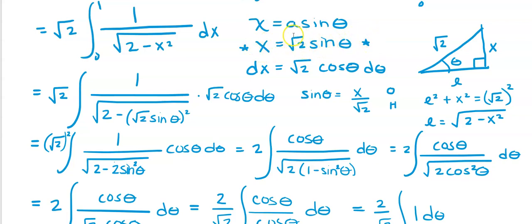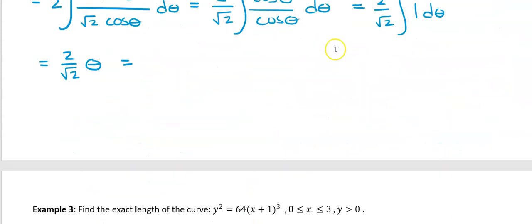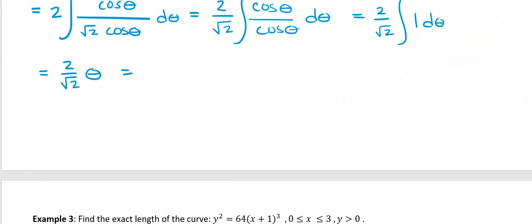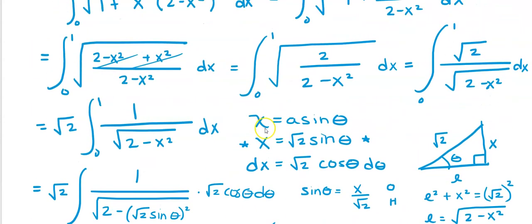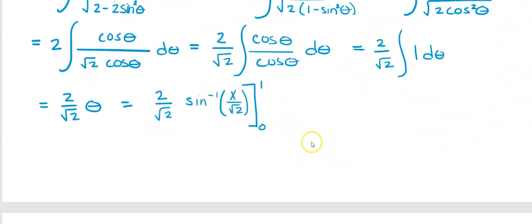So I'm going to divide by the square root of 2 and then take the arcsine or the inverse sine to get theta by itself. So now I've replaced theta with the arcsine of x over the root of 2, again using that equation we starred at the top.